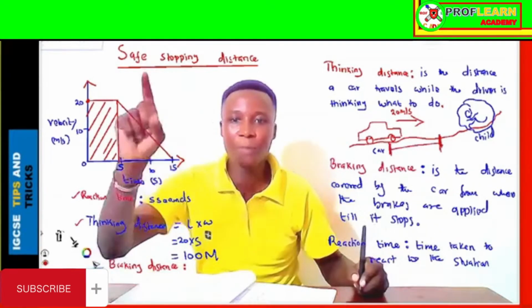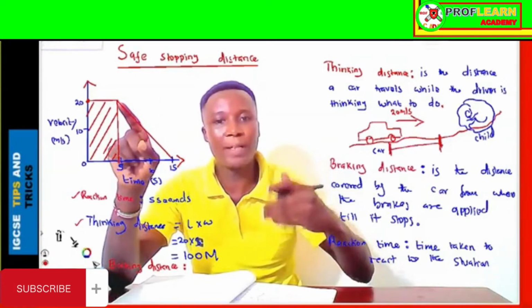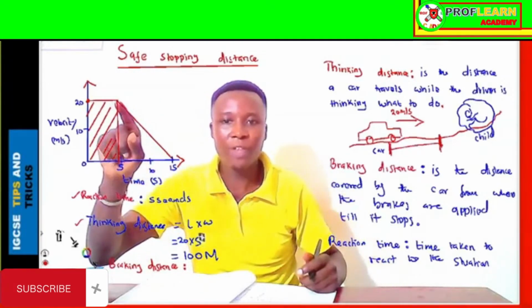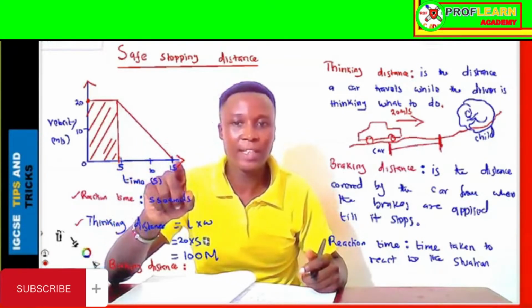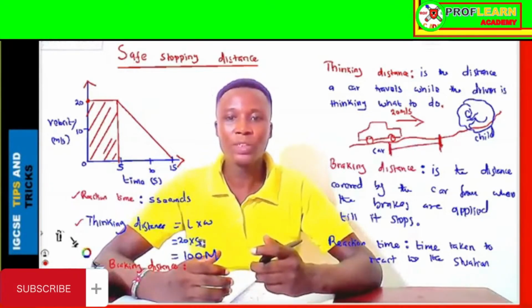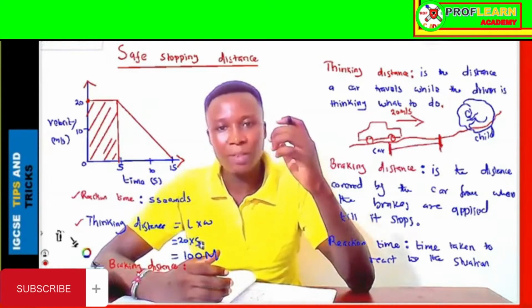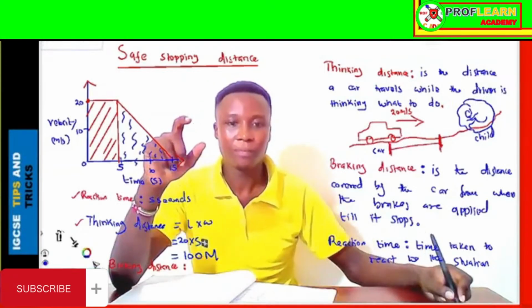And this point here represents the region when the driver stepped on the brake pedal. So you can see velocity started to decrease until it was 15 seconds. So in order to work out braking distance, we're going to say the braking distance should be represented by the area under the graph.